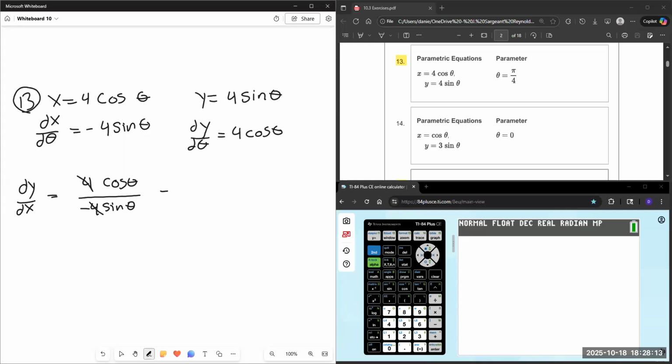This will be a negative cotangent of theta. And dy/dx, when theta equals pi over 4, will be a negative 1.